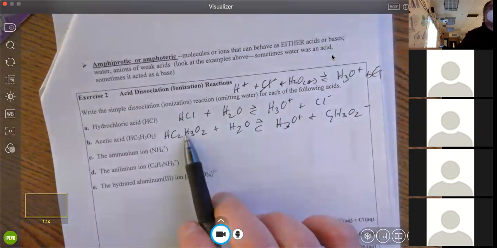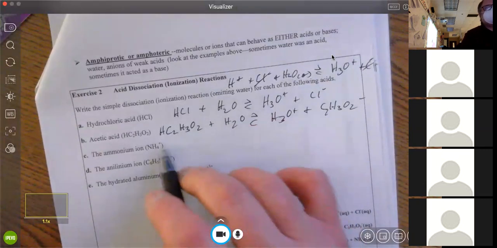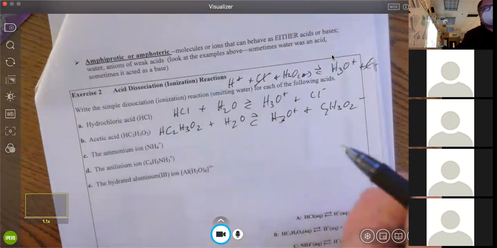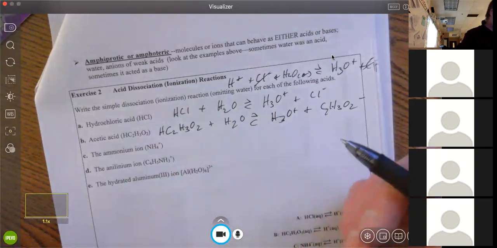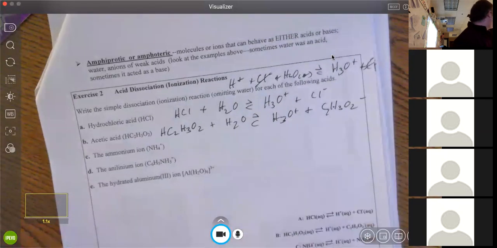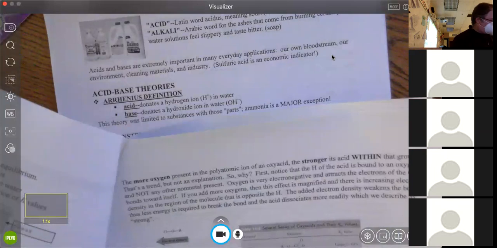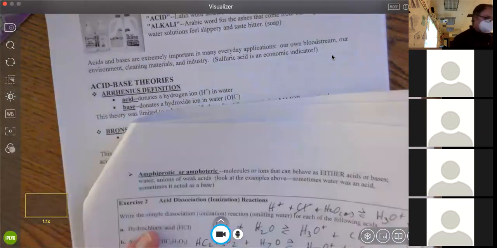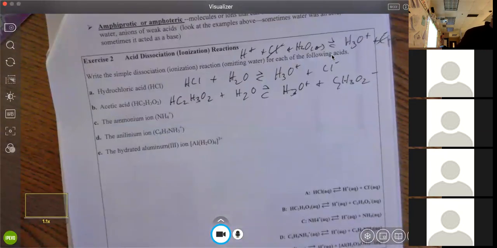So since this does not completely ionize, we actually hold that together. Yeah, there's only 6 strong acids. Was there a list in here somewhere? I'm sure it's coming up if it wasn't there. So those are the basics for that.